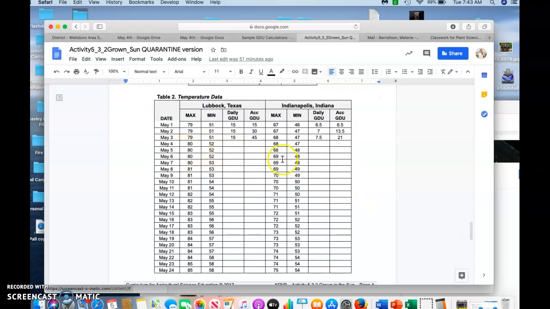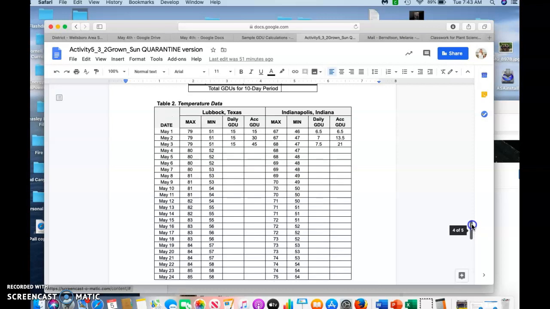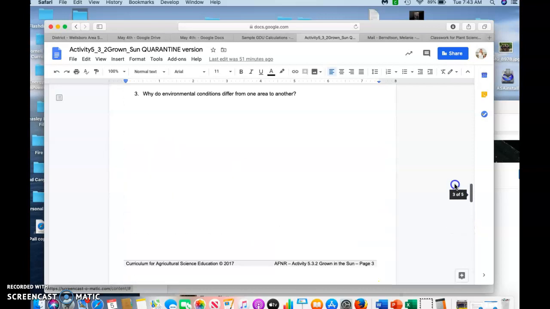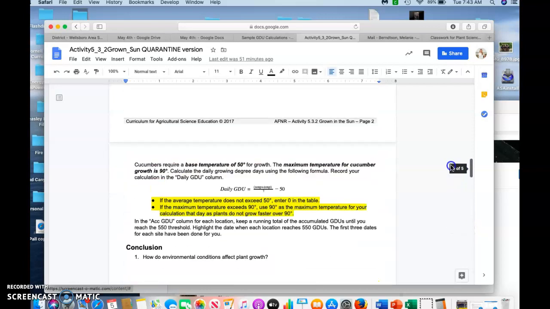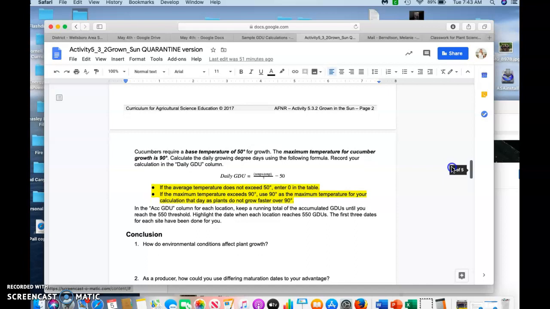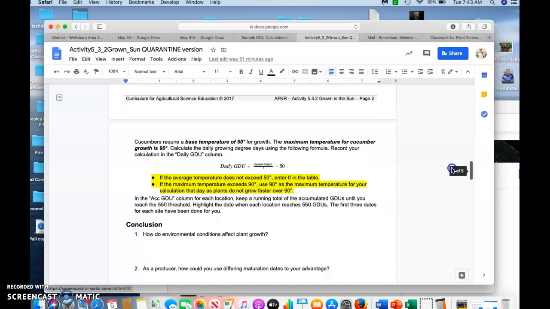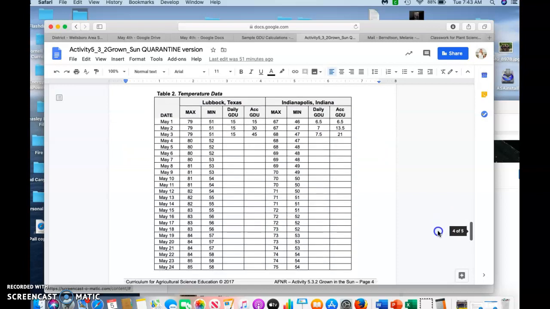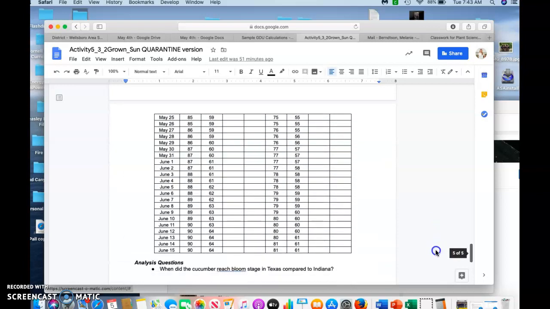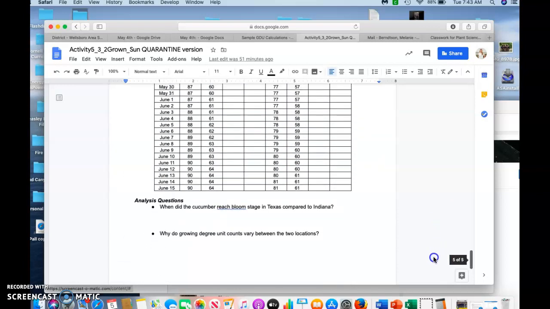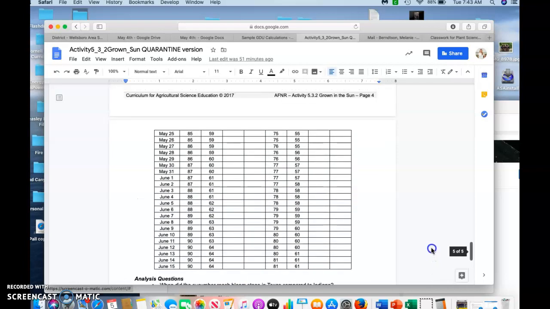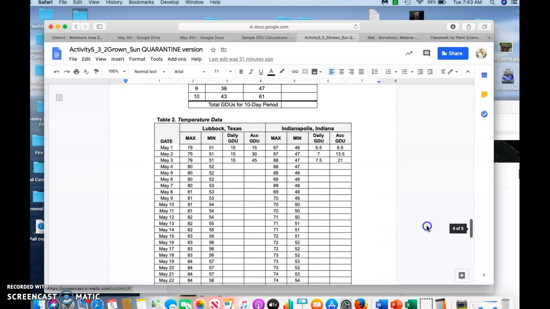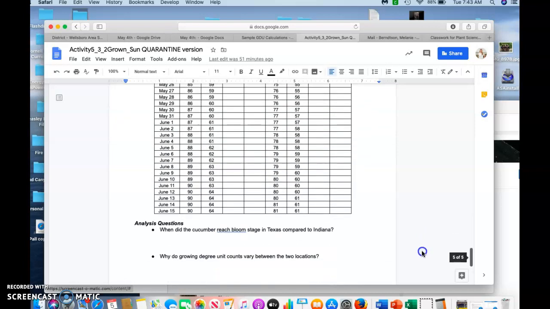So you've got your minimums, you've got your maximums. Pay attention to, like I said, the highlighted things up here. It tells you the base temperature, and it tells you what to put in if the minimum is not 50 or the maximum exceeds 90. I don't know if that happens during the time that you are doing it here. It looks like the minimum part does, but not the maximum part.